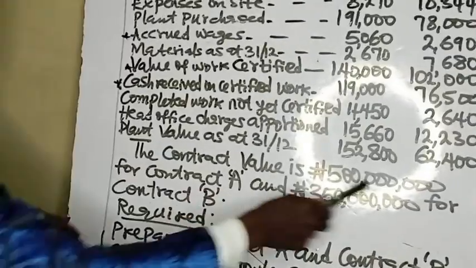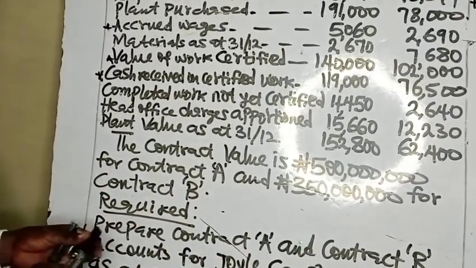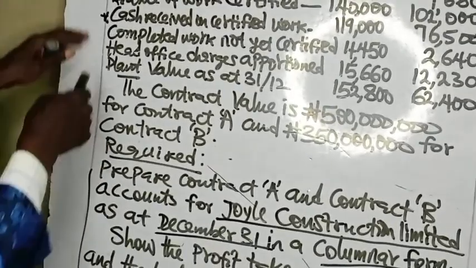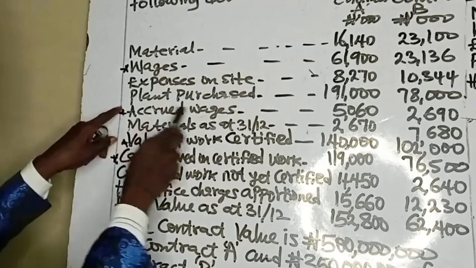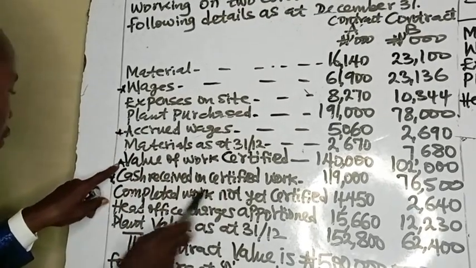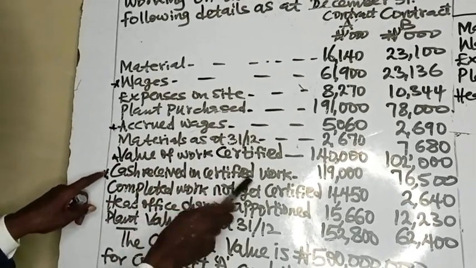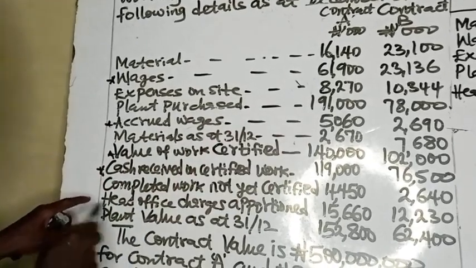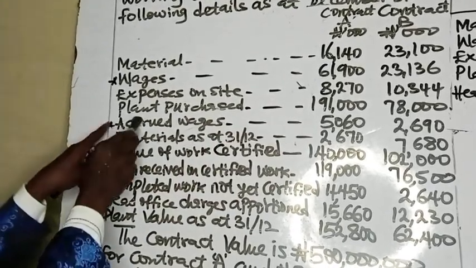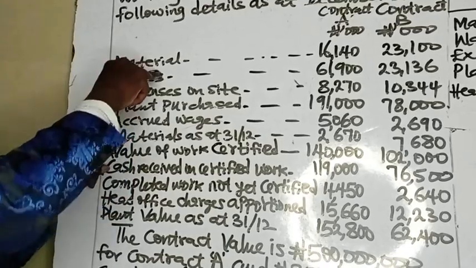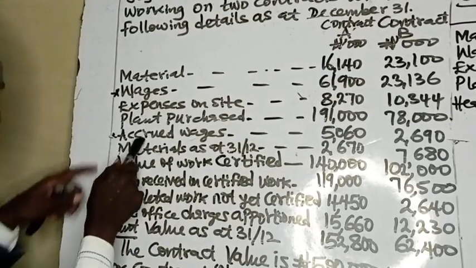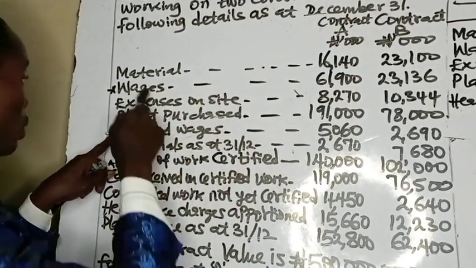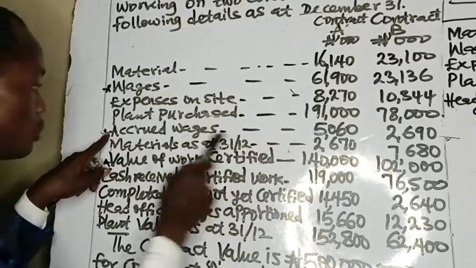So you were given the contract value. This is the contract price, so it will not be recorded in the contract. The items not recorded include accrued wages, value of work certified, and cash receipt. Cash receipt will not be recorded in the contract at all. Accrued wages, I've told you, you either add it to these wages. Since we have recorded the wages, let's just carry it down at the debit side. Wages was debited, so the accrued wages too should be debited.